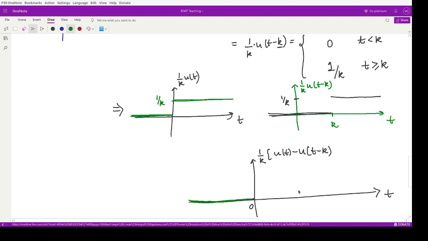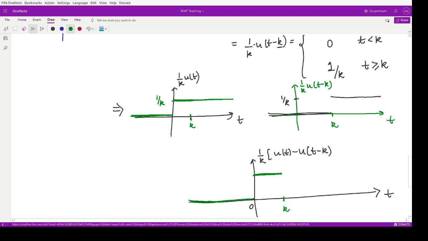Now let us see it for the interval 0 to k. In 0 to k, say suppose this is k, the function's value is 1 here, and here the function's value is 0. So the function's value would be 1 here, right? Because it is 1 here and 0 here, so this minus this is 1.